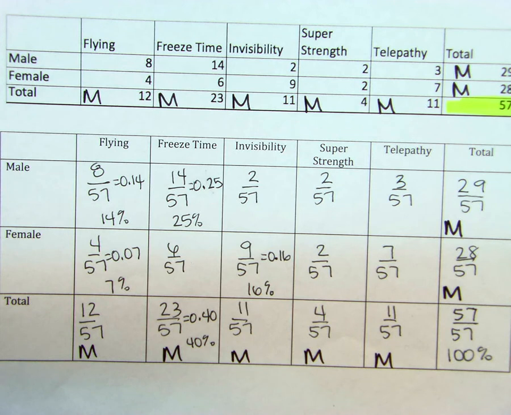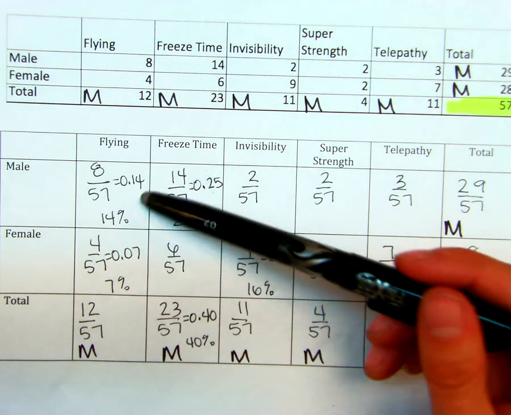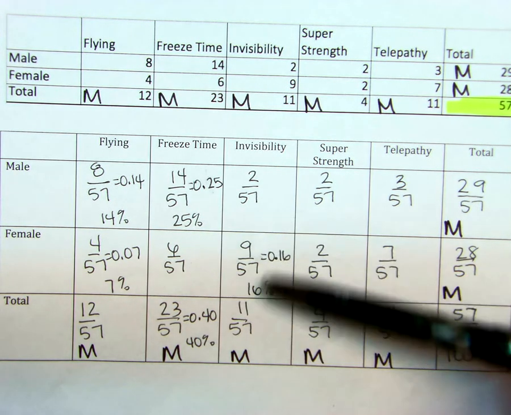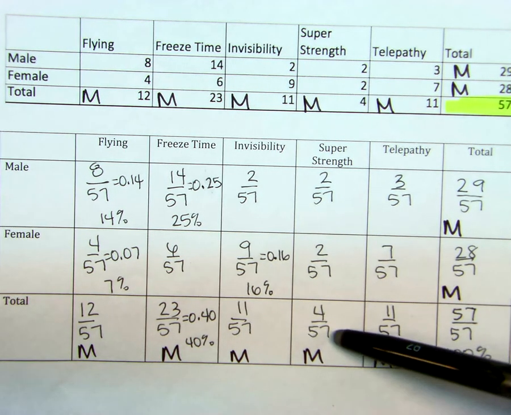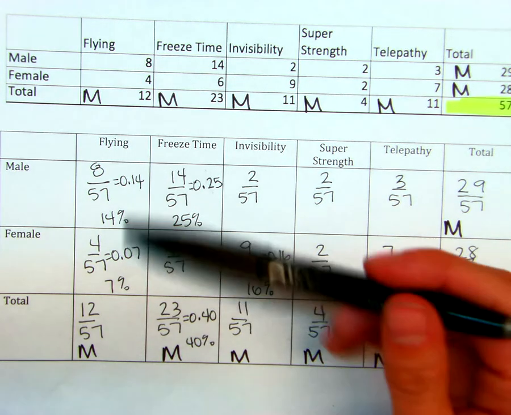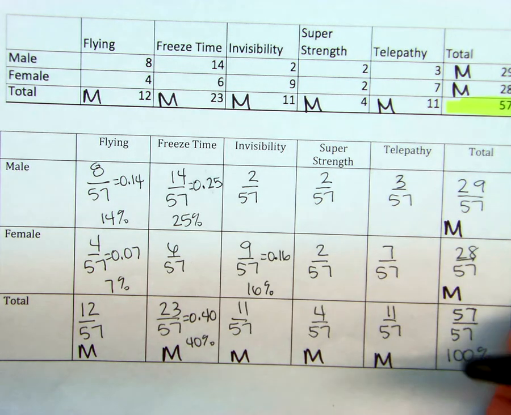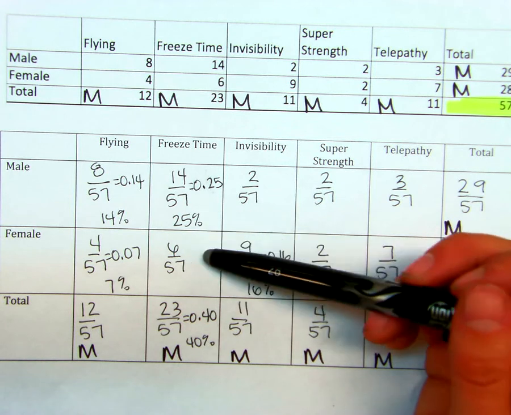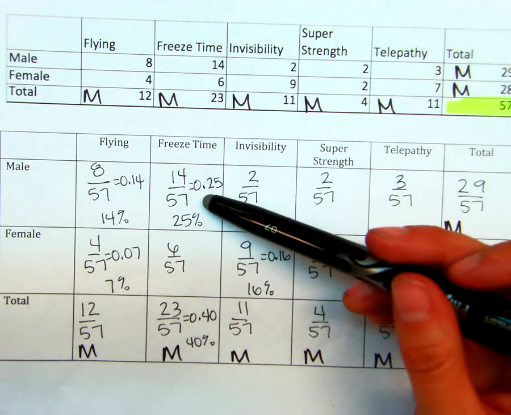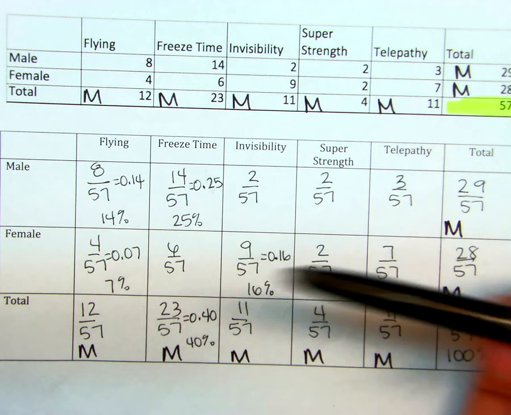Is there a noticeable difference between the genders and their favorite superpowers? So if we calculated the relative frequencies for all of these, would there be a significant difference? There's twice as many males that want flying than females. Looks like there's going to be twice as many males as females for freezing.